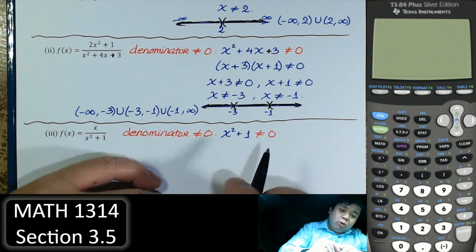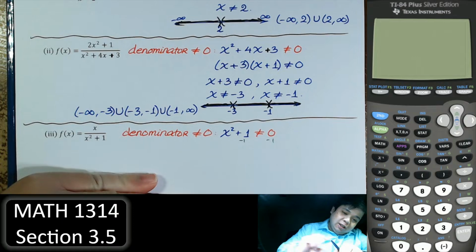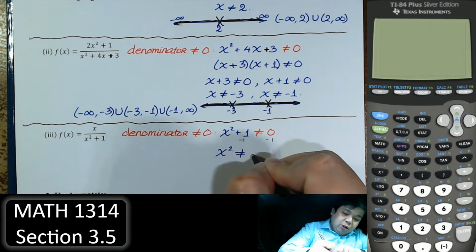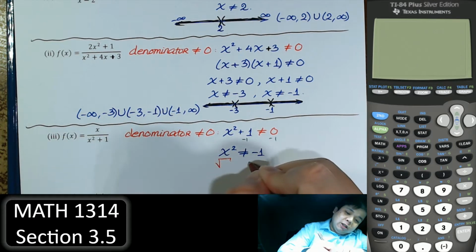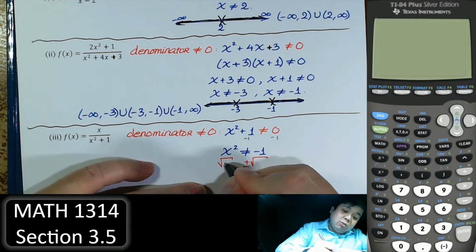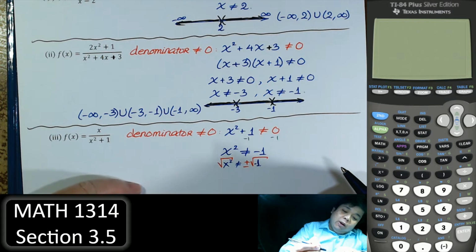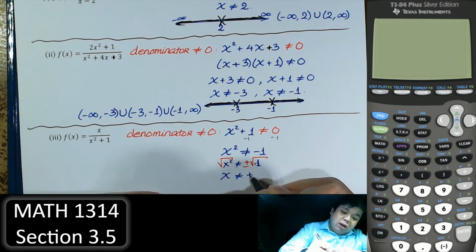Just subtract 1 on both sides. So we have x squared not equal to negative 1. And then we can take the square root on both sides. And when we do that, there's a plus or minus. The square root of negative 1, we have x not equal to plus or minus i.